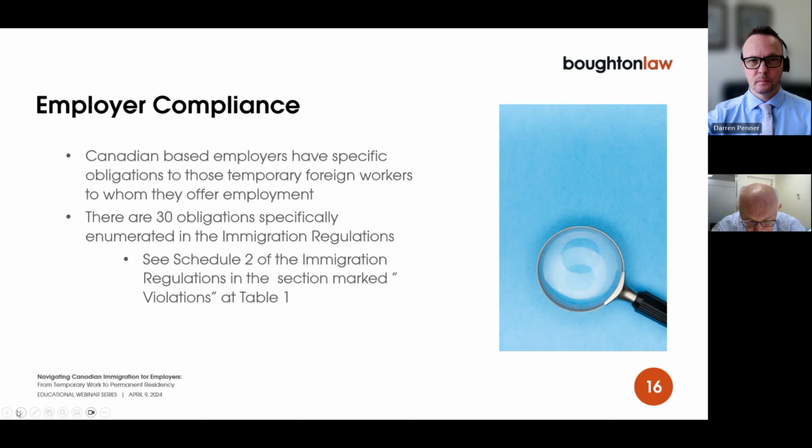And those obligations, if you want to look at them, are set out in Schedule 2 of the immigration regulations in the section marked violations at Table 1. But since there are so many obligations here, I've selected a few key ones which I think are worth discussing.